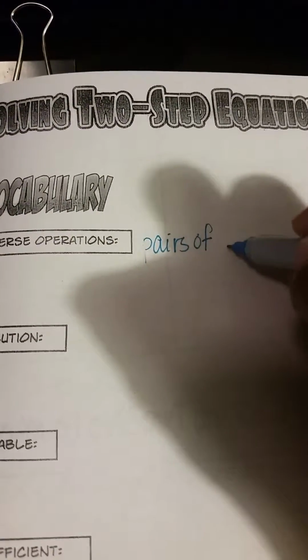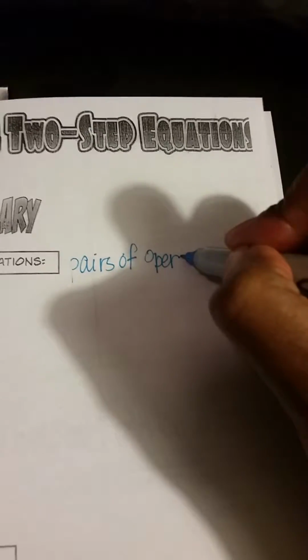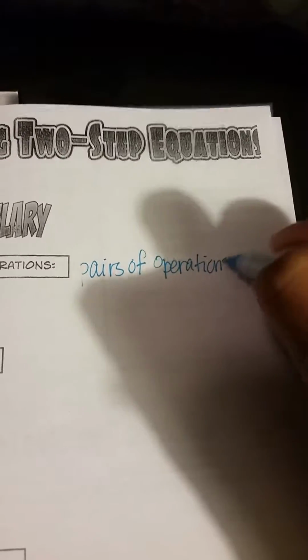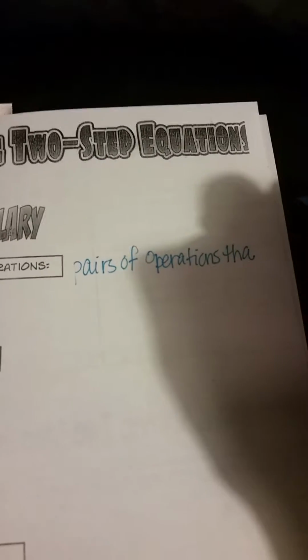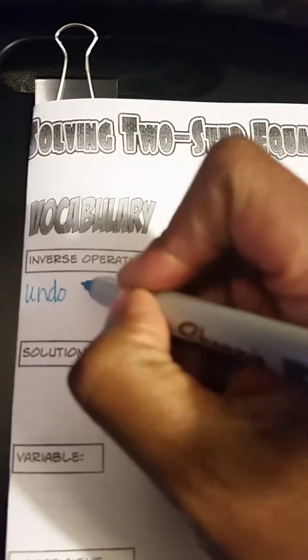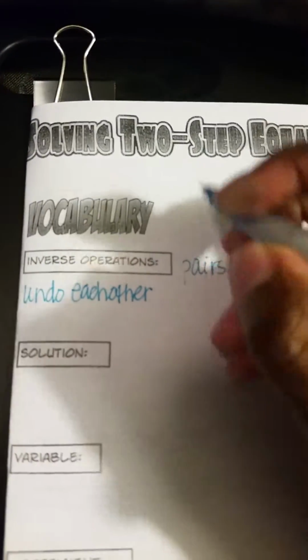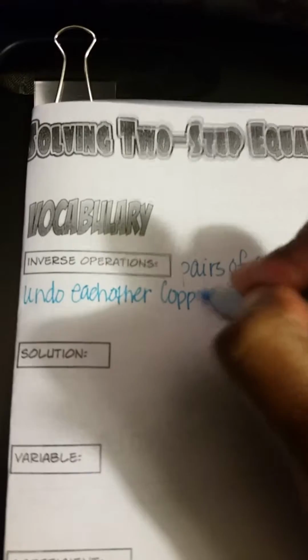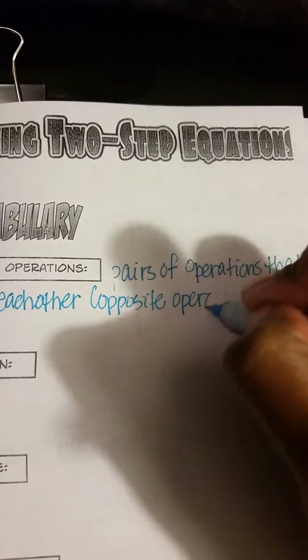Pairs of operations that undo each other or opposite operations.